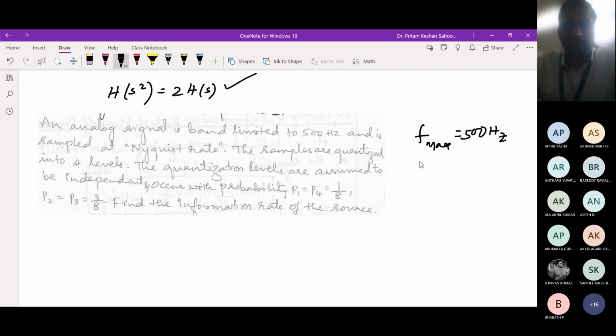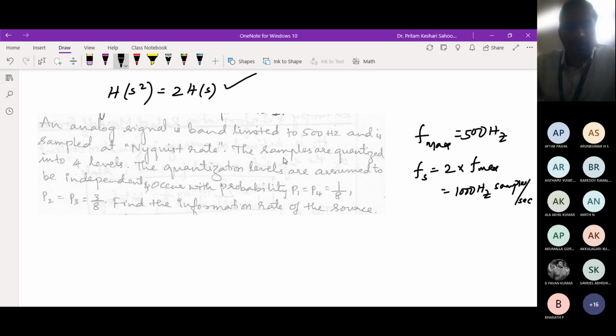So if the signal is sampled at Nyquist rate, the sampling frequency is the minimum sampling frequency, equal to 2 into the maximum frequency. So 2 into f max, that is 1000 Hz. The unit is number of samples per second.